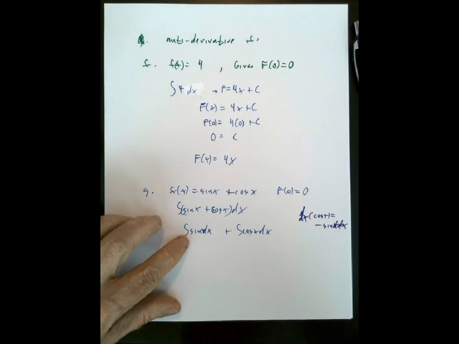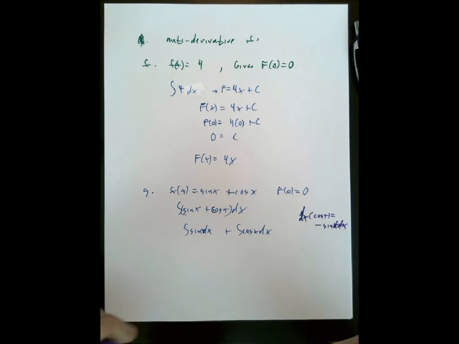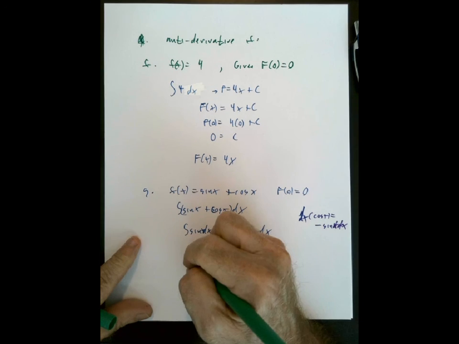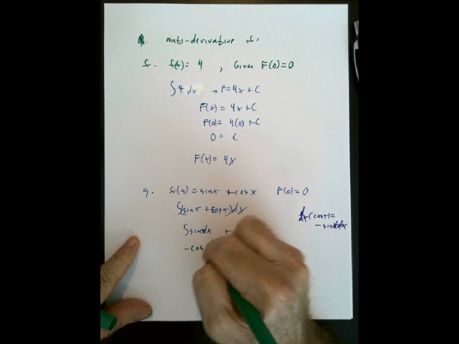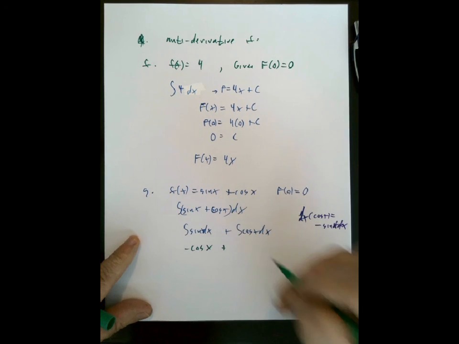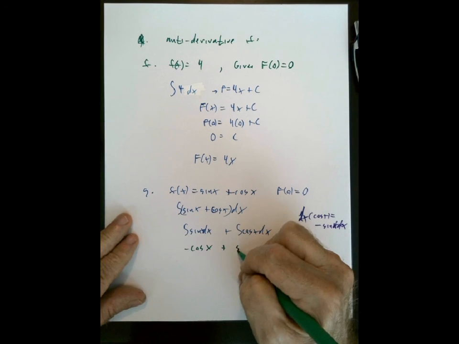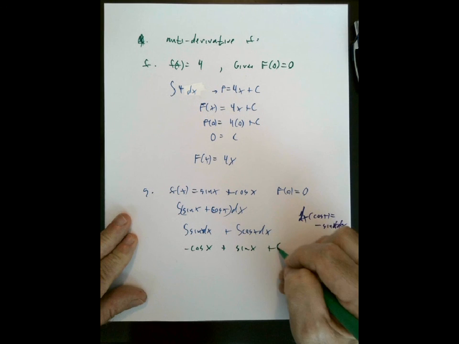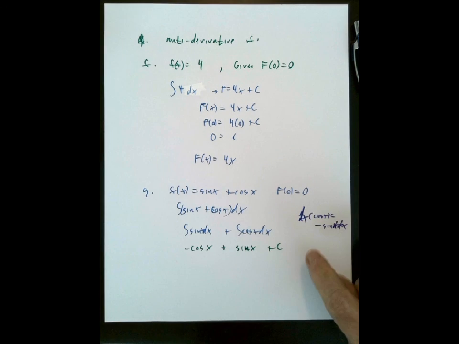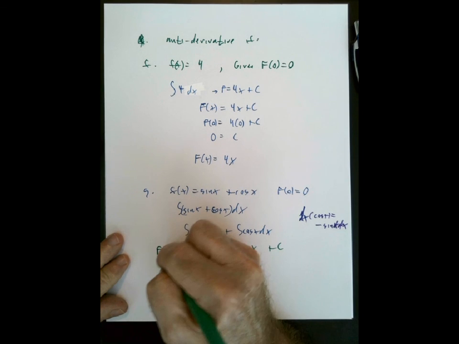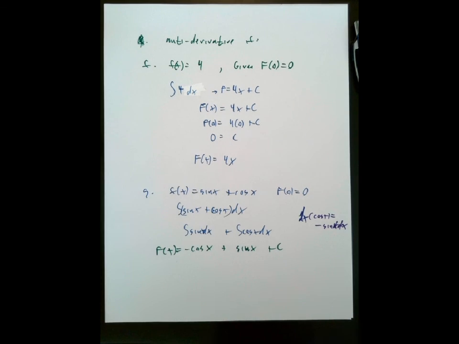So if we start with positive sine, the antiderivative is going to be negative cosine. So this is going to be negative cosine x, and then the antiderivative of cosine is sine x, plus c. We can combine both constants into one, right? So this is f of x, the antiderivative.